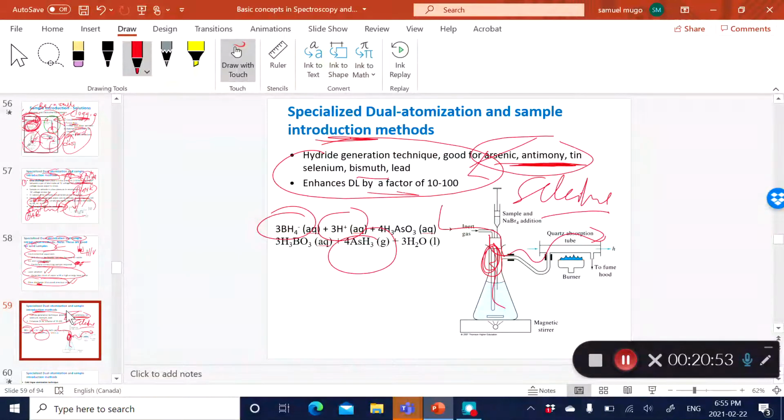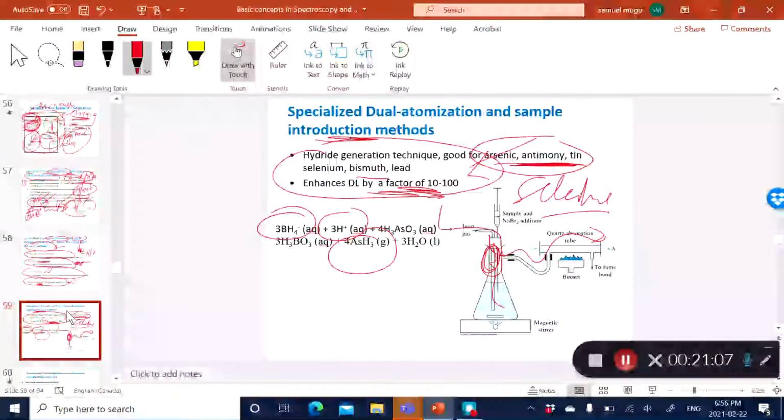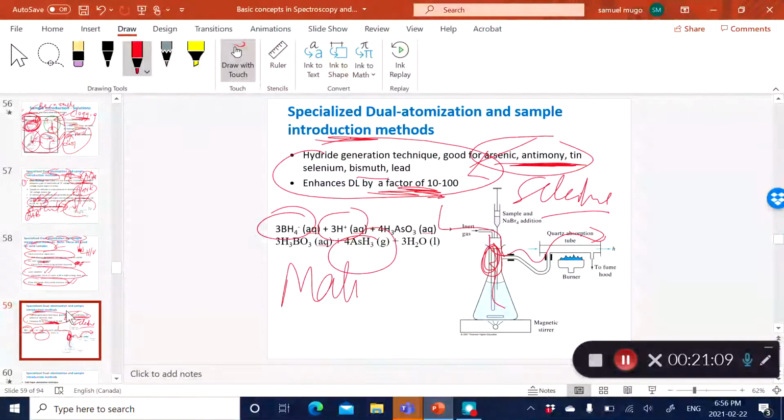And you can see the limits of detection are fairly low, that is 10 to 100. They are increased 10 to 100 because of the fact that it's a very selective system. So you can see matrices really tend to be less of a problem here because you're dealing with a fairly selective type of technique.